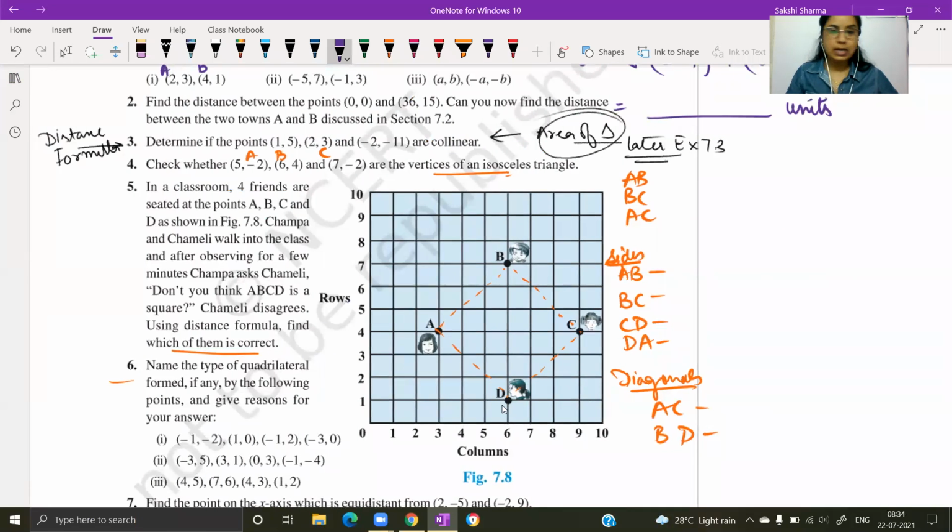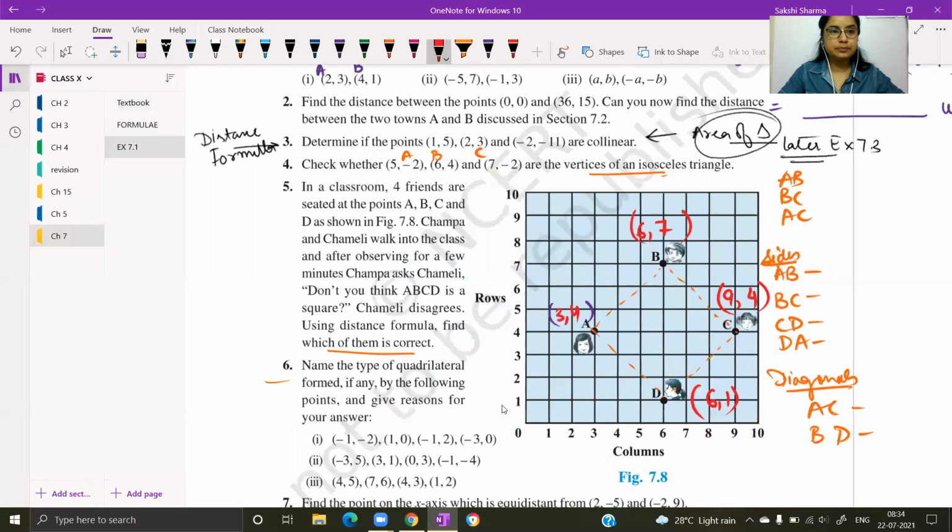Coordinates for student at A: 3, 4. Student at B: 6, 7. Student at position C: 9, 4. Then D: 6, 1.